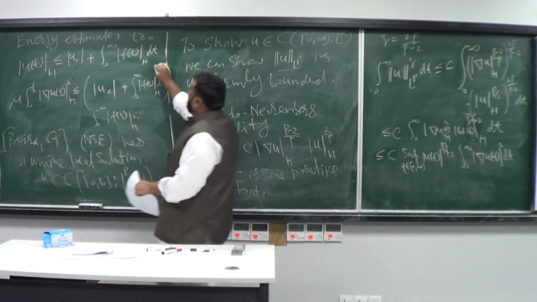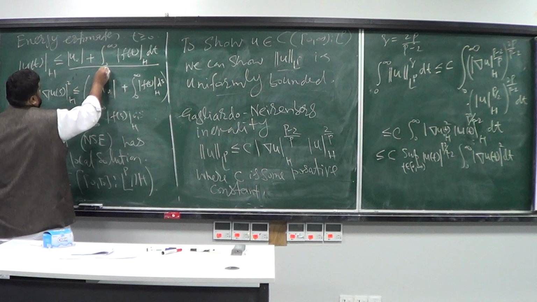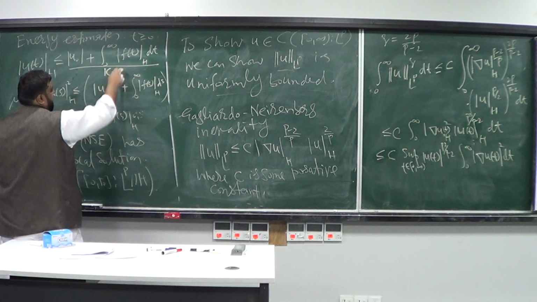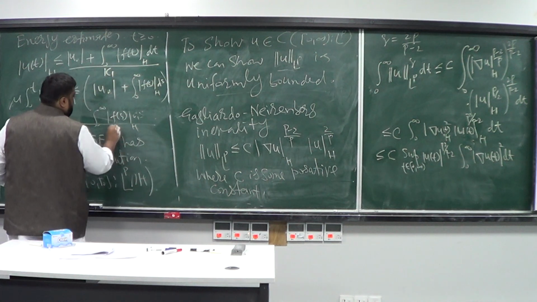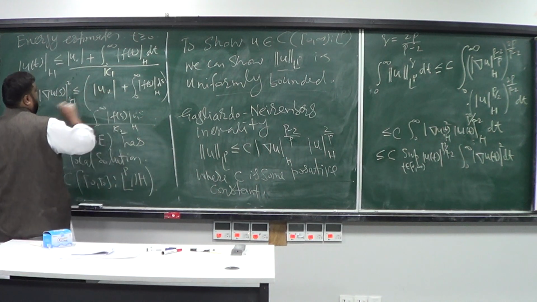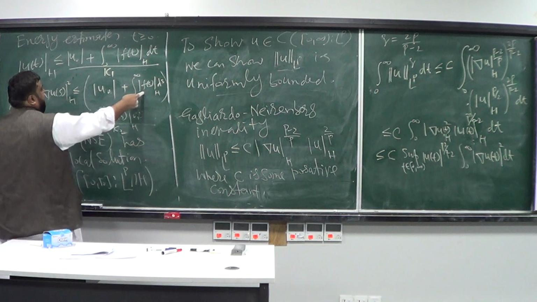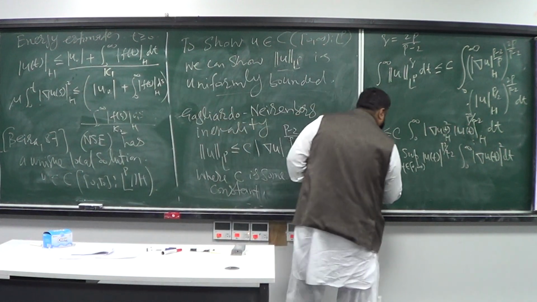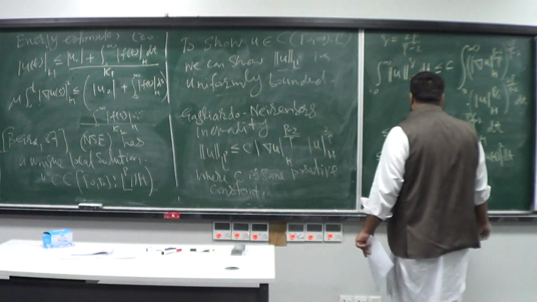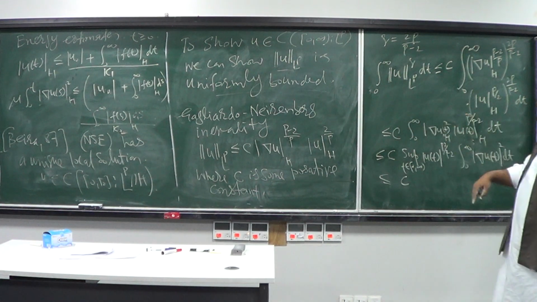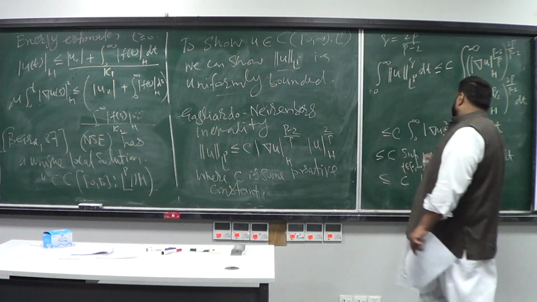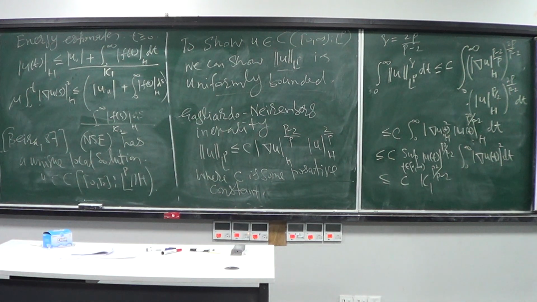Now if I call all of this a constant k1, that depends obviously on u naught and f, and I call this other stuff a constant k2, that depends on u naught, f and mu, then I can say that this is less than or equal to c times k1 to the power p square by p minus 2, because the norm of u of t is less than or equal to k1 for all t.